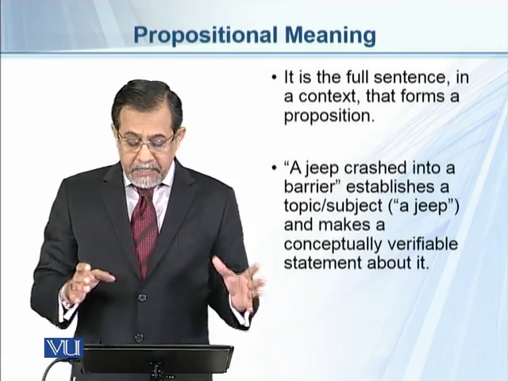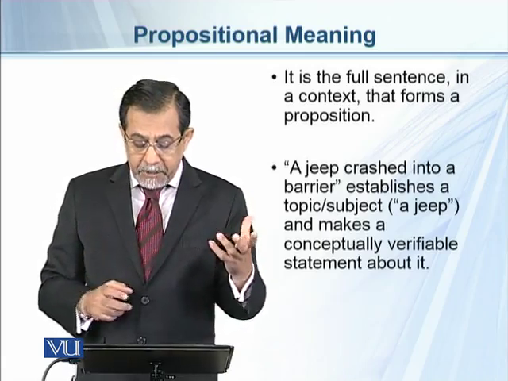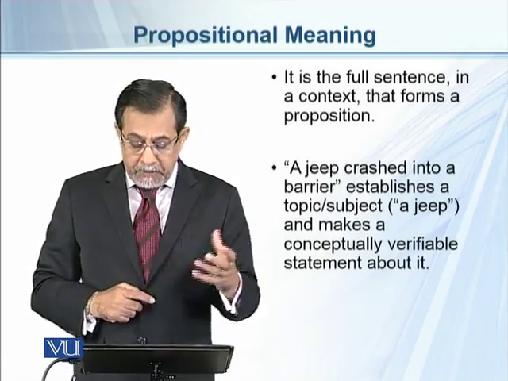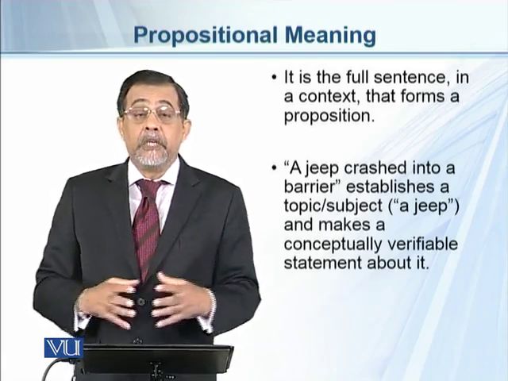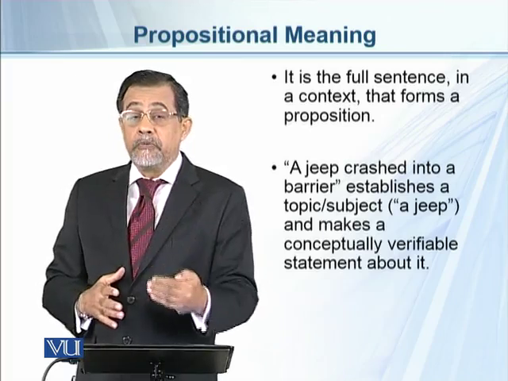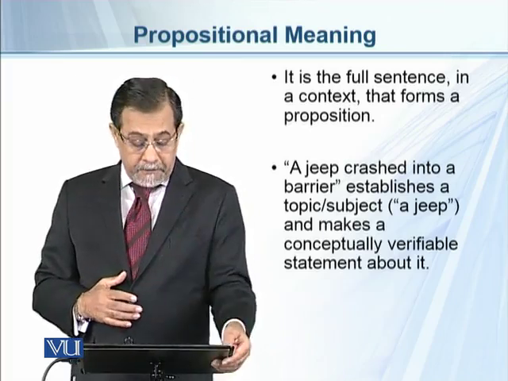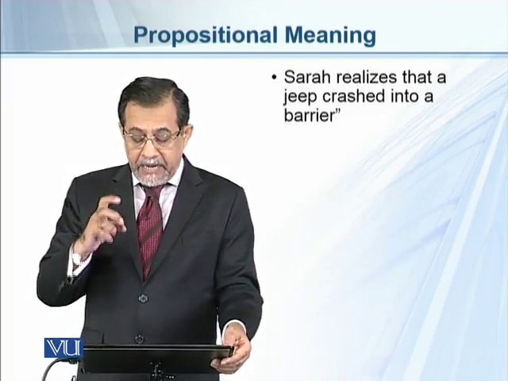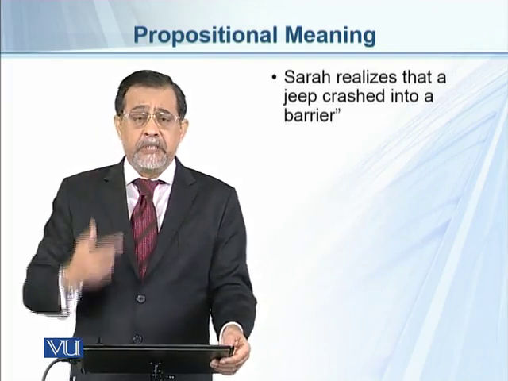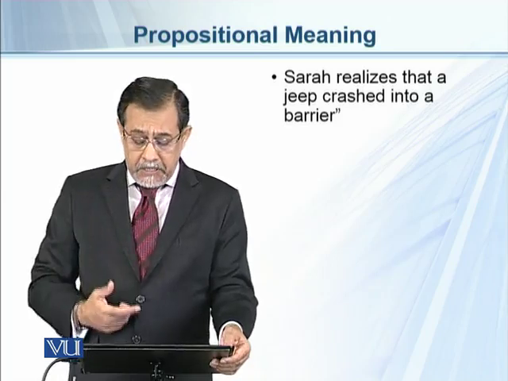A jeep crashed into a barrier establishes a topic subject, a jeep, and makes a conceptually verifiable statement about it. So we can determine whether it's true or false. Sarah realizes that a jeep crashed into a barrier. So this is again one proposition.